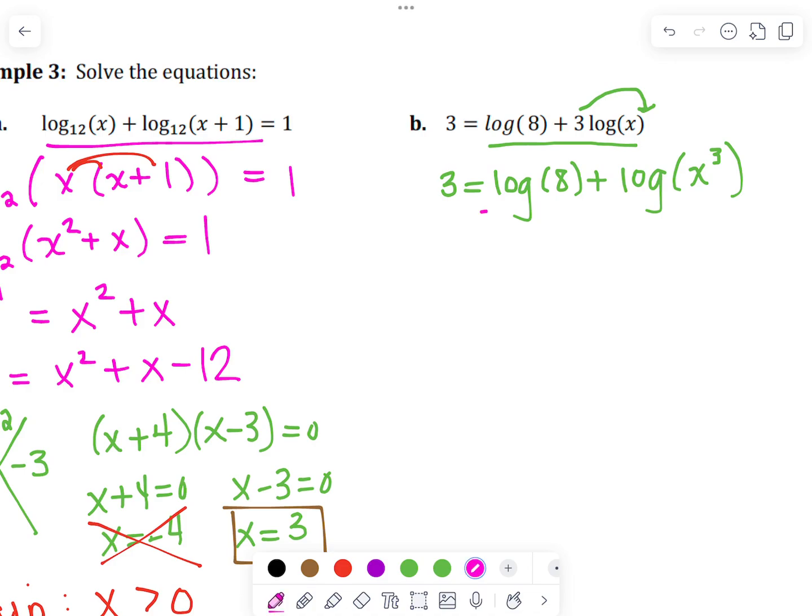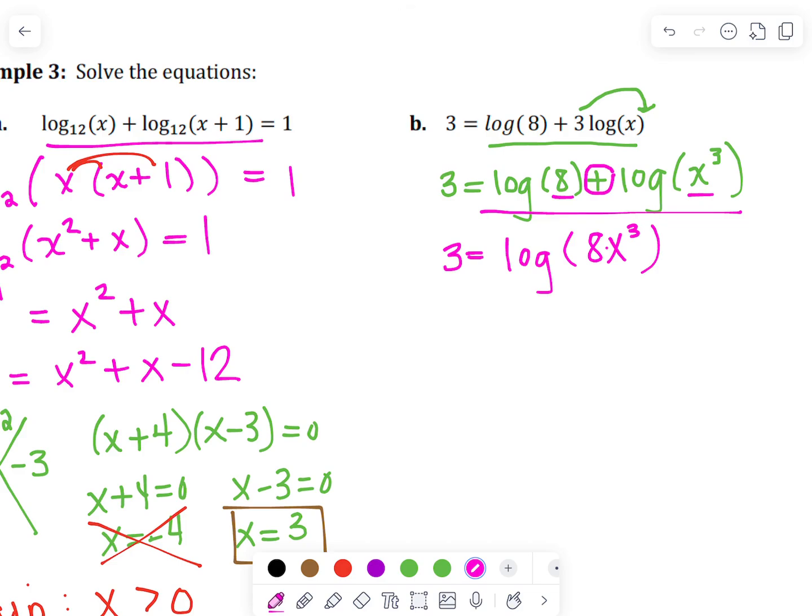Now these two are the same base. They're both base 10, common log. The operation between them is addition. So we would multiply the 8 and the x cubed. So now that's multiplying 8 times x cubed, or 8x cubed.